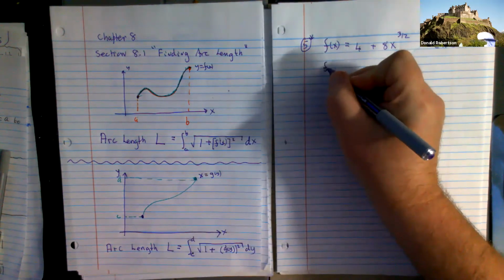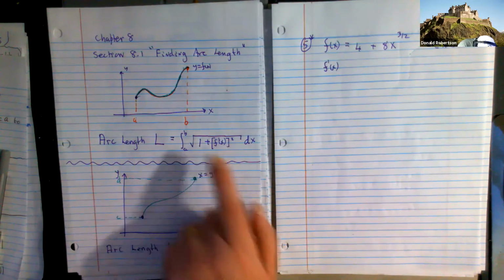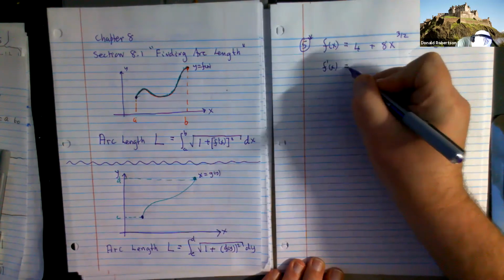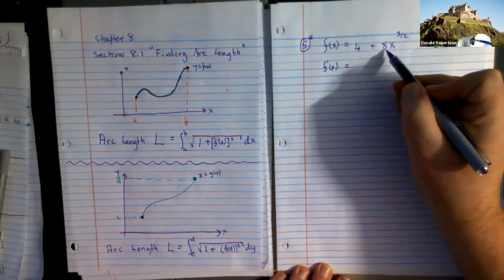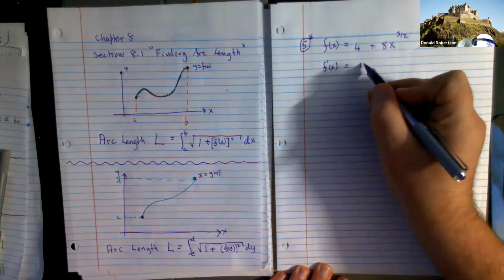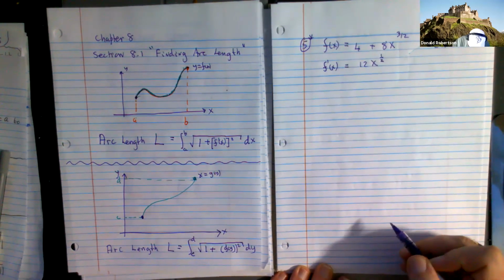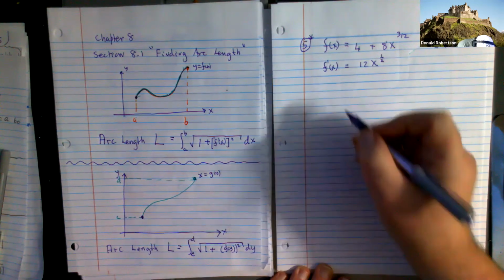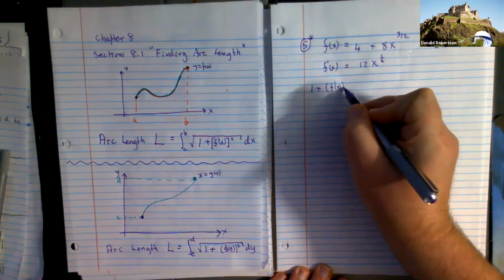So my usual technique is to find the derivative, to square it and add 1. In this case here, you're going to do the power rule. So I'm going to multiply by the power and reduce it by 1. So 8 times that gets me 12. And then reduce it by 1, you get a half. Then I'm going to do 1 plus the derivative squared.